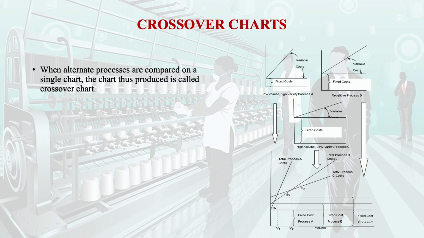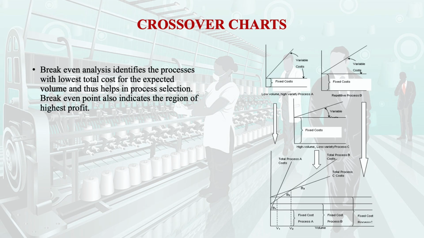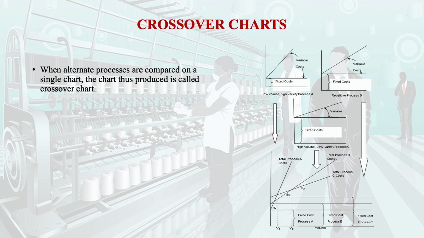Basically, we have discussed the break-even chart for a single entity or a single graph. If you just see, product A is on the left side and product B is on the right side. Crossover chart thus refers to the chart formed by plotting the alternate processes on a single chart. That means for product A, there are two processes.